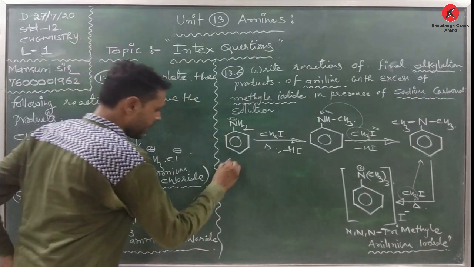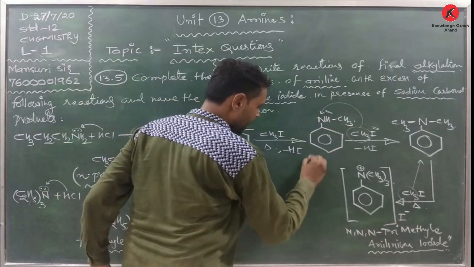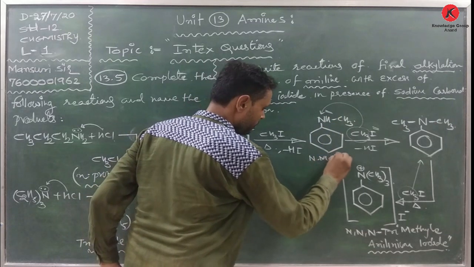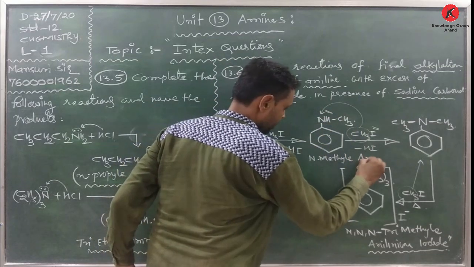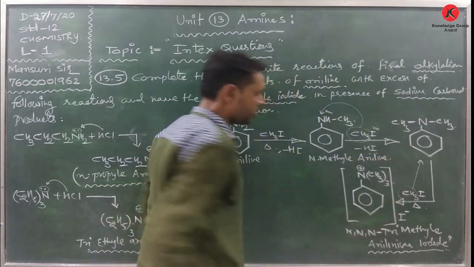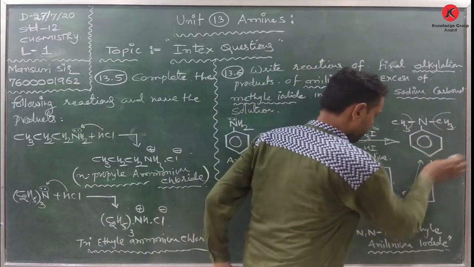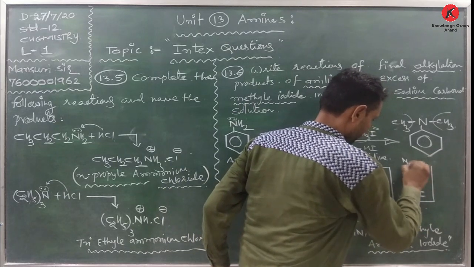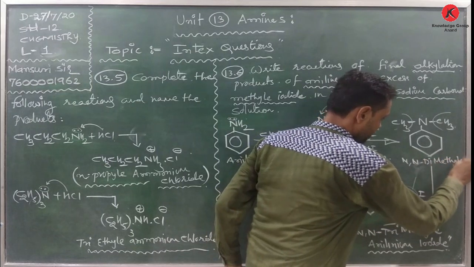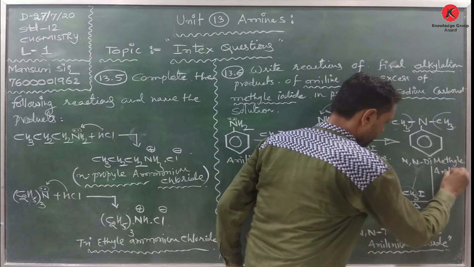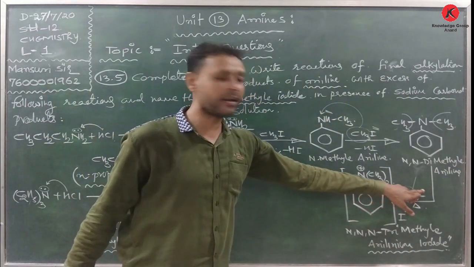Okay, here aniline was given. Here N-methyl aniline is formed. Now here N,N-dimethyl aniline is formed, and thereafter excess methyl iodide is given.